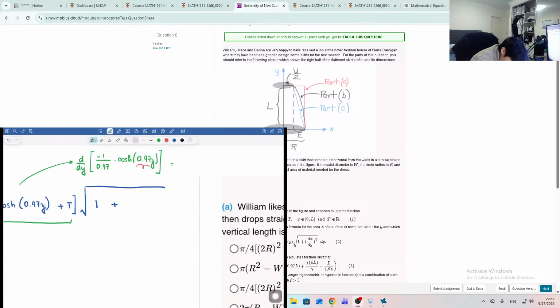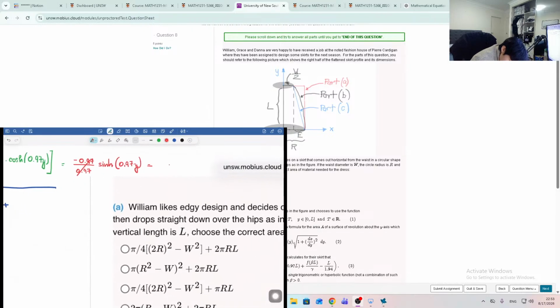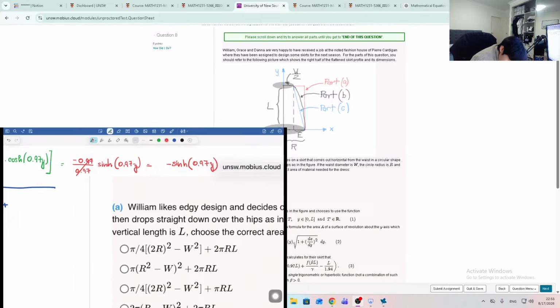So that should cancel to get just sinh. Just to make sure, we'll differentiate x in terms of y.